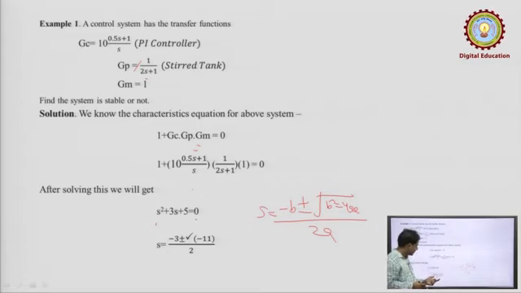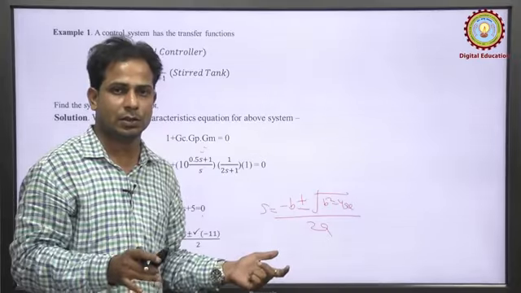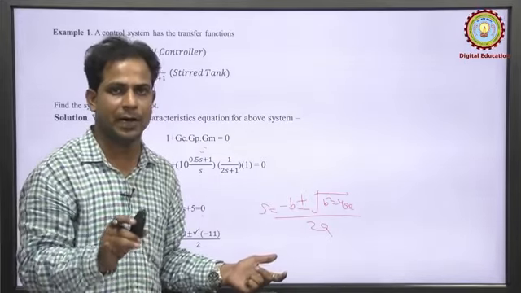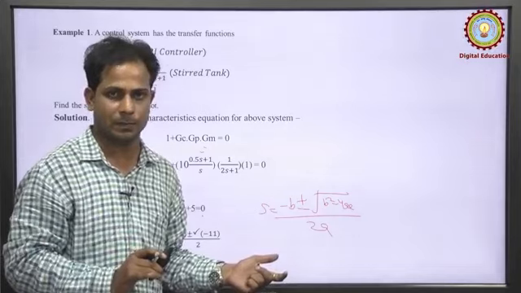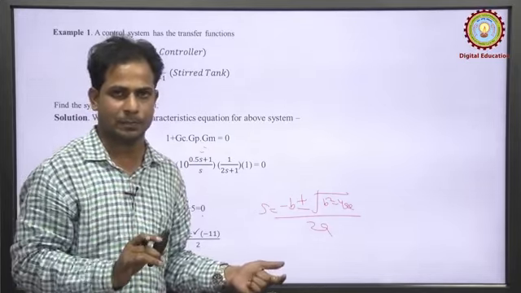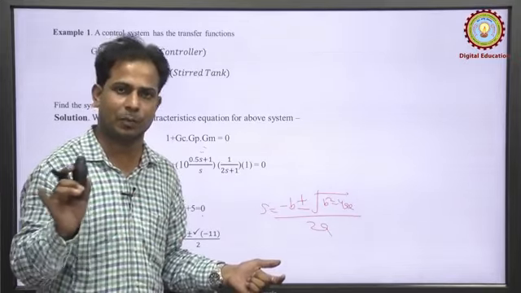So, I found the roots from that quadratic equation and I get s equal to minus 3 plus minus root of minus 11 by 2. One more thing, to find out the roots of the characteristic equation, we always see only the real part of the complex number, meaning the stability is directly dependent on the real part only, so you will not consider the complex part.